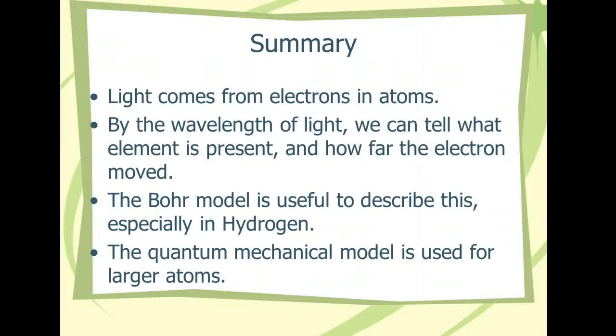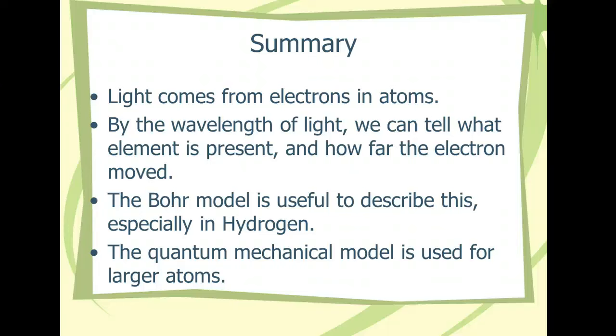Okay, to summarize, light comes from electrons in atoms. Go figure. The wavelength of light can tell us what element there is. And it can also tell us how far an electron moved, whether it moved from a high energy state to a very low energy state, or if it just moved a little bit.